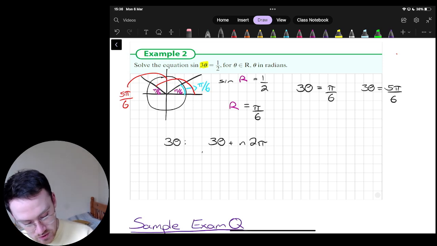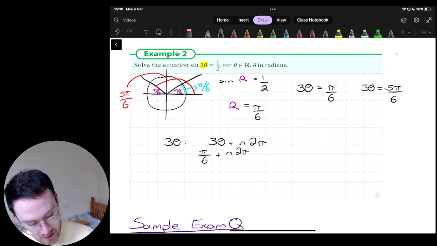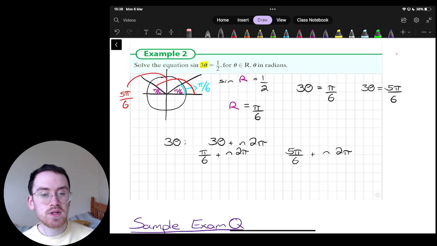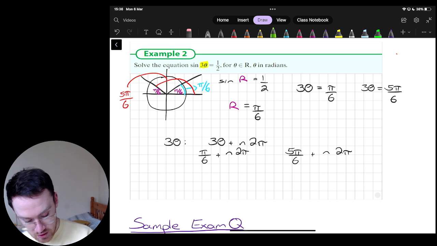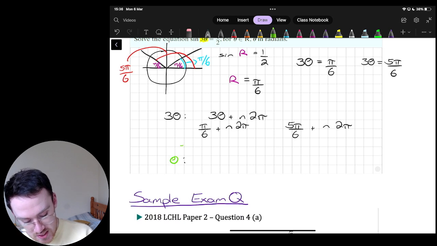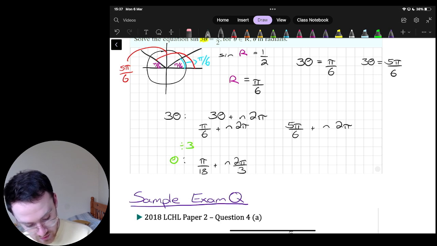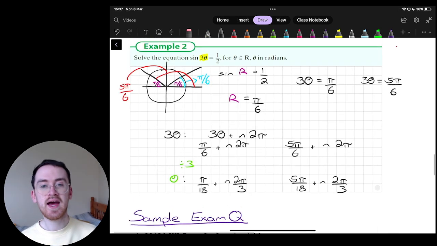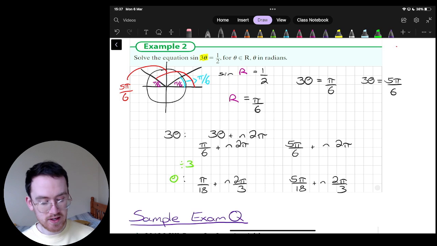So for these two options, it's pi over 6 plus n 2 pi, and 5 pi over 6 plus n 2 pi. Now, I would like to solve not for 3 theta but for just theta, so I have to divide by 3, which gives me pi over 18 plus n 2 pi over 3, and 5 pi over 18 plus n 2 pi over 3. That's our general solution for this equation.